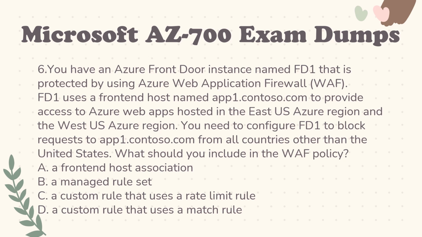You need to configure FD1 to block requests to app1.contoso.com from all countries other than the United States. What should you include in the WAF policy? A. A front-end host association, B. A managed rule set, C. A custom rule that uses a rate limit rule, D. A custom rule that uses a match rule.